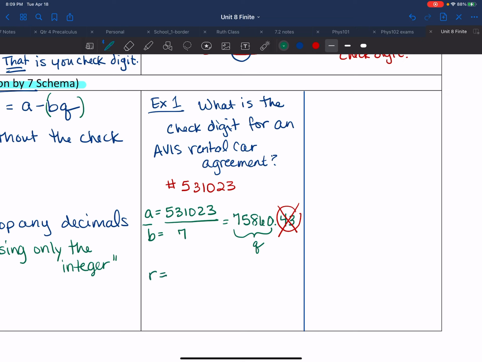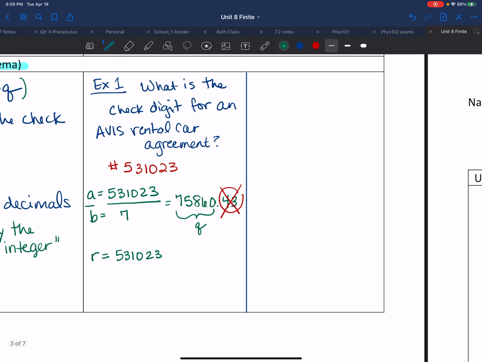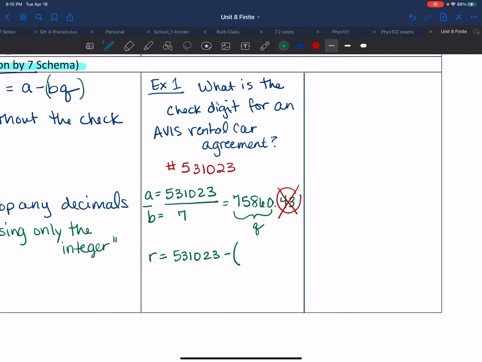R is equal to 531023, that's my A, minus parentheses 7 times 75860. Once I do that, I actually get a value of 3. So my check digit is 3.